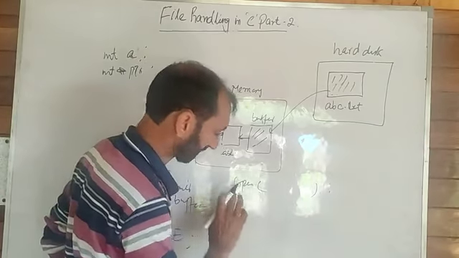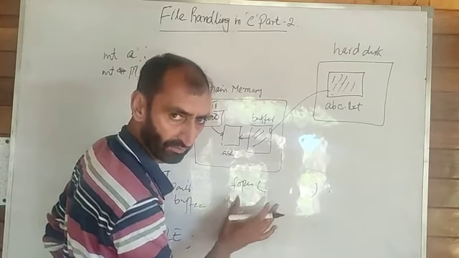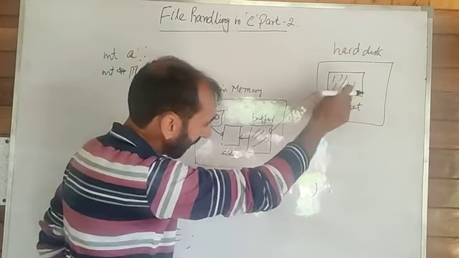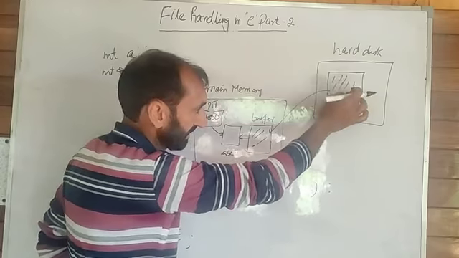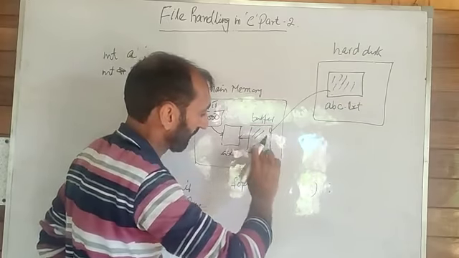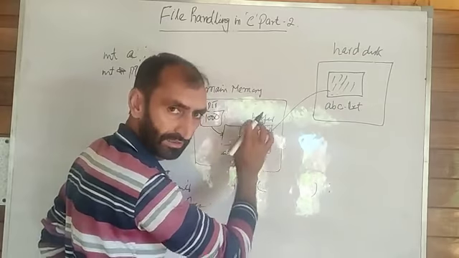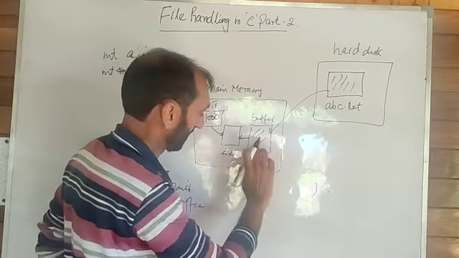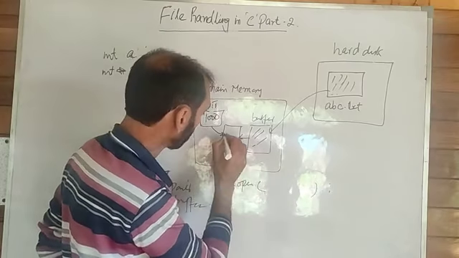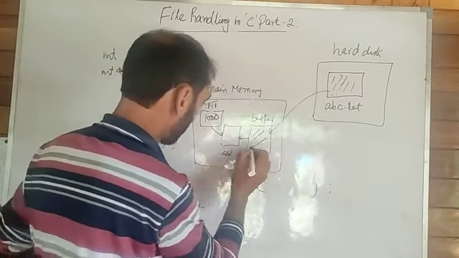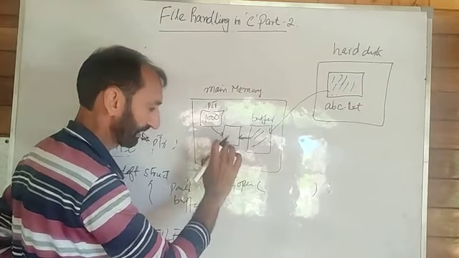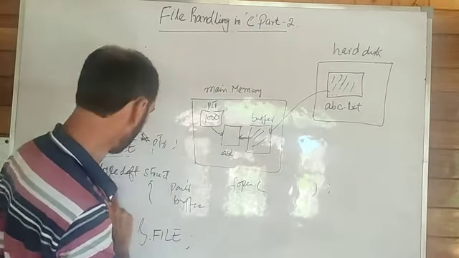By writing this file name in this function, the copy of this ABC is going to be loaded into the main memory, into the buffer. And from the buffer, it is going to be here, ABC. This is a variable of type FILE.